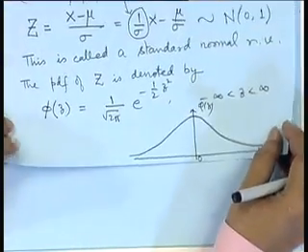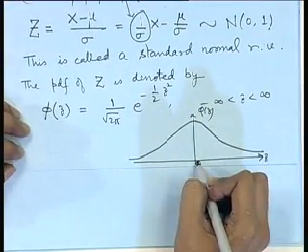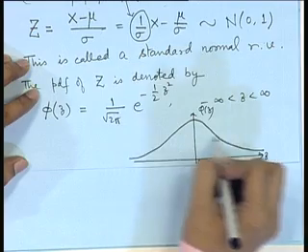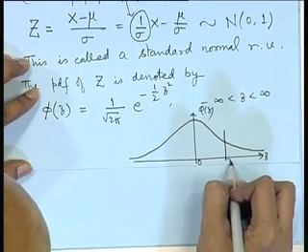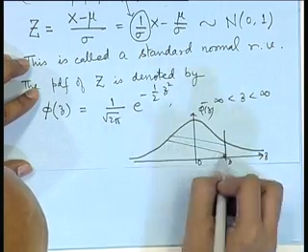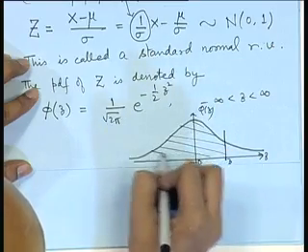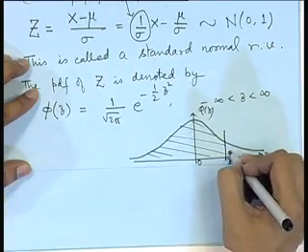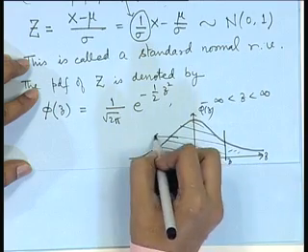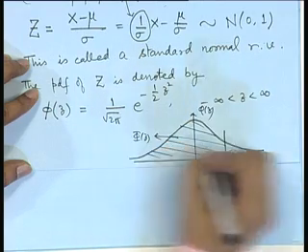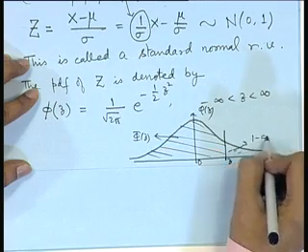The standard normal distribution is symmetric about z is equal to 0. So, if this is the point z, then capital phi of z is actually this area. So, this area will become equal to 1 minus phi of z. If we call this area as capital phi z, then this is 1 minus phi of z.